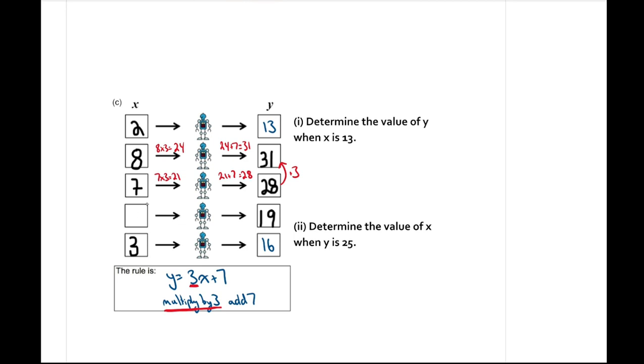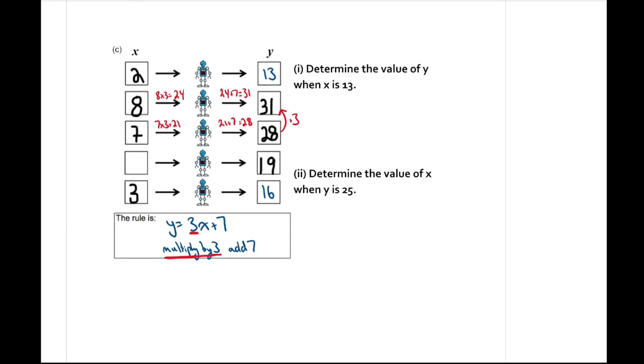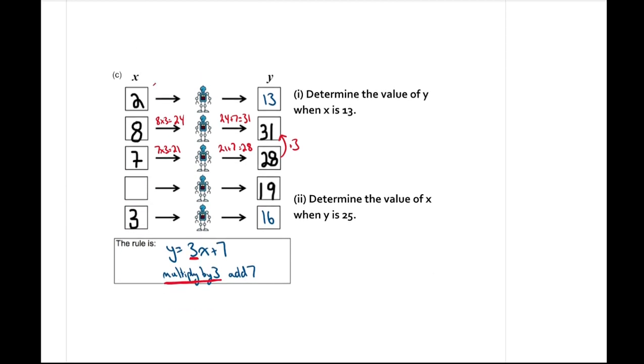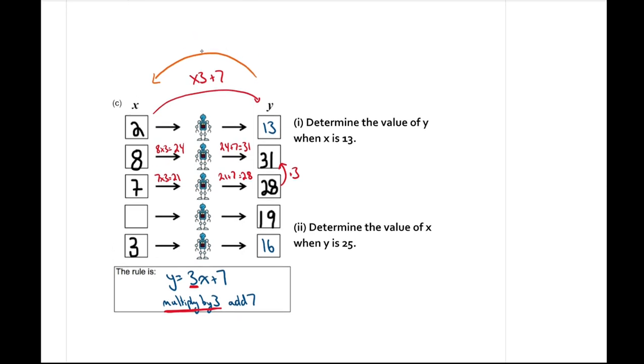To figure out this missing value here, how do we go backwards? Well, if we know our rule going forwards is multiply by 3 and add 7, I'm going to do the opposite. The last thing I did was to add 7, so that's going to be the first thing I do: I'm going to subtract 7.